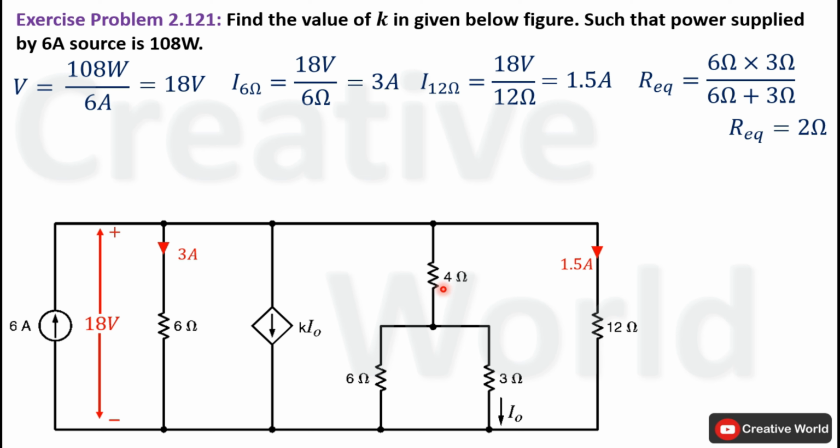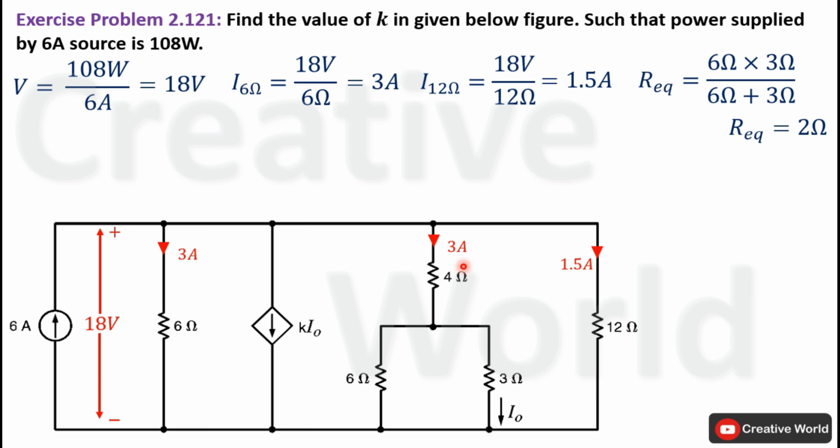So the total resistance of this branch will be the sum of both resistances, 4 ohm and 2 ohm, that is 6 ohm. So current through this branch will be 18 volt divided by 6 ohm, that is 3 ampere, and the direction of current will be downward.